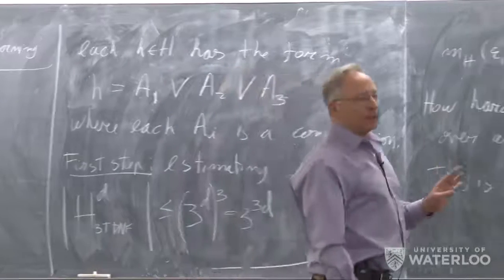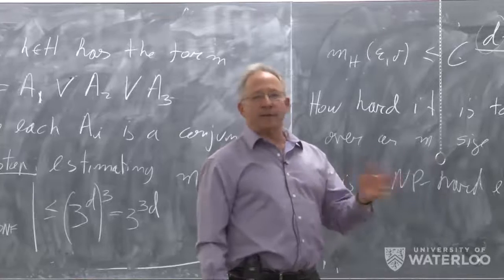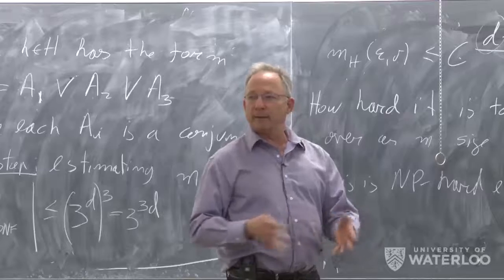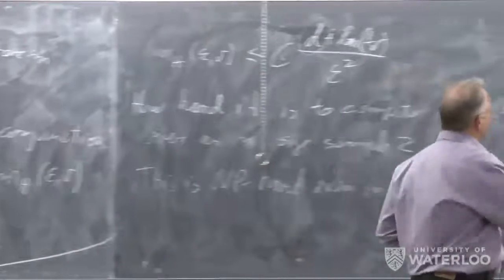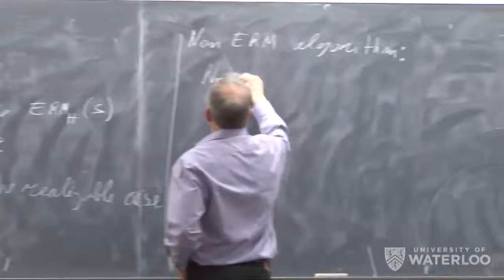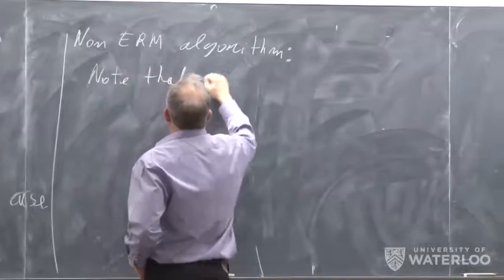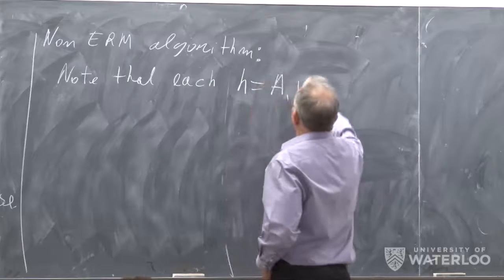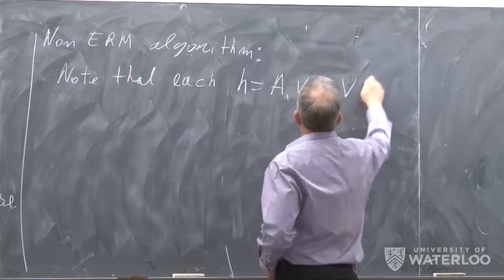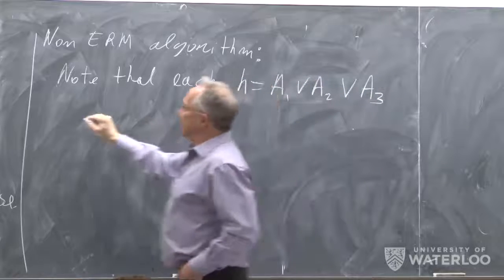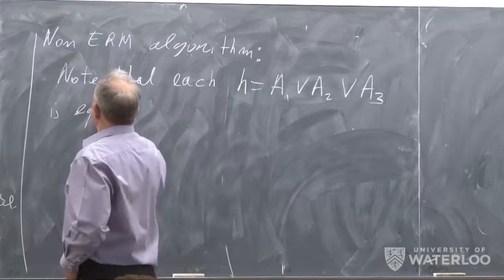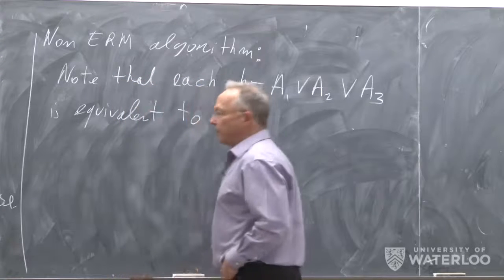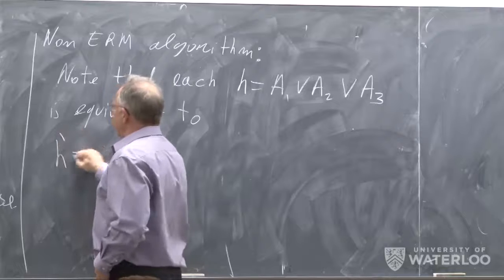So now I'm just using De Morgan's laws of AND and OR. AND and OR distribute over each other. So we just note that each H that equals A1 or A2 or A3 is equivalent to the formula H prime that will look like this.